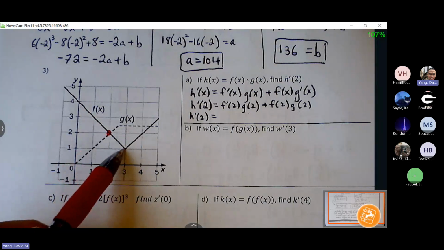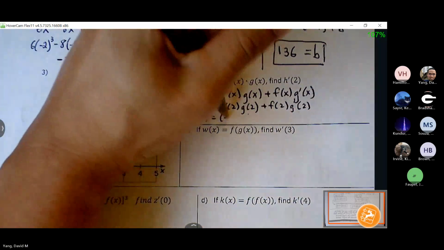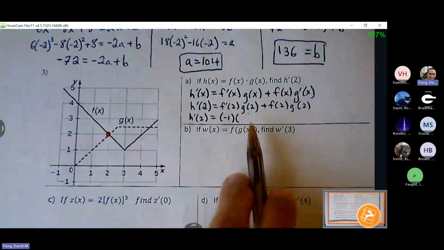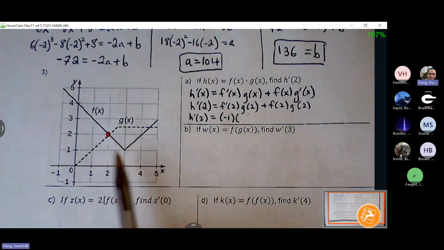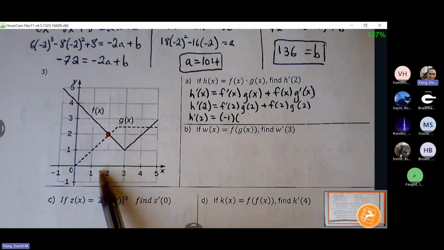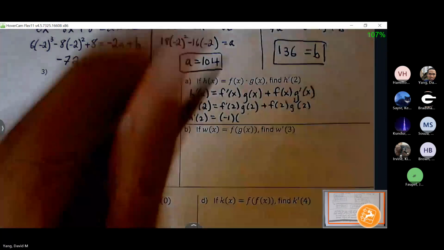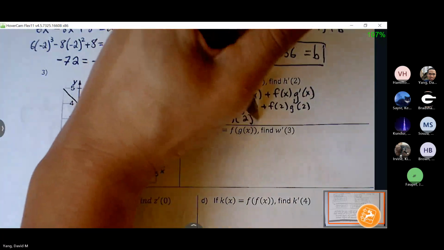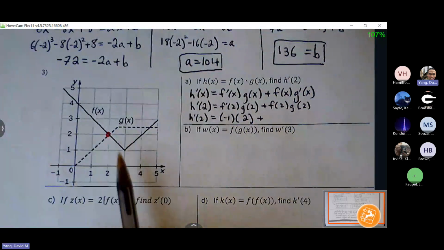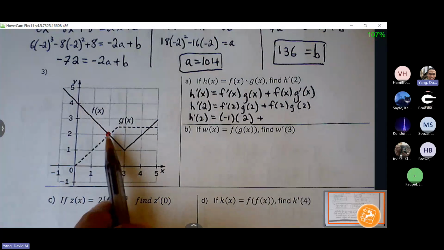My slope is negative 1. g of 2 is asking for the y value of the g graph at 2, and the y value of the g graph at 2 is 2. Back to f of 2. f of 2 is this graph here. The y value of the graph of f at 2 is also 2.